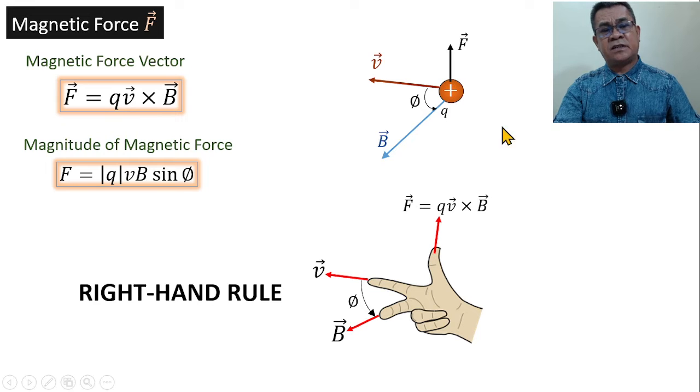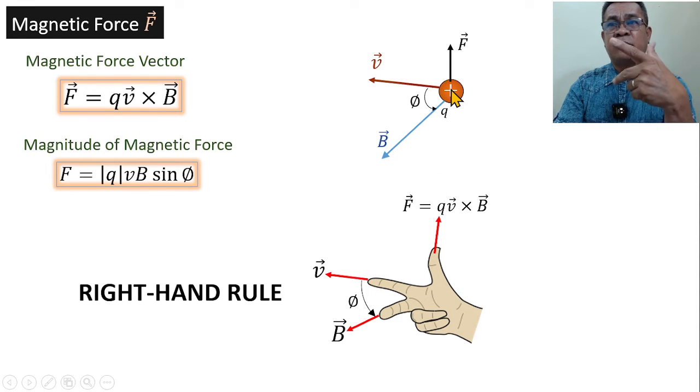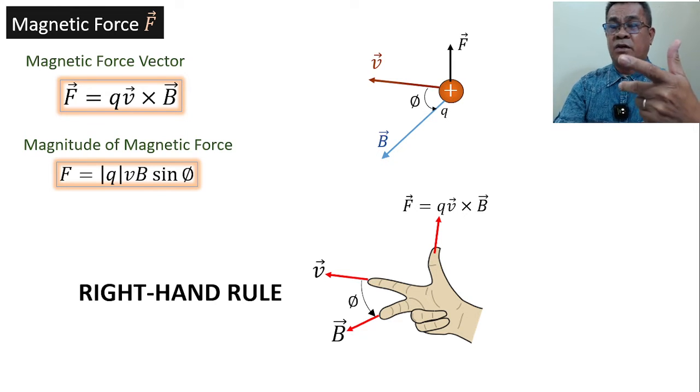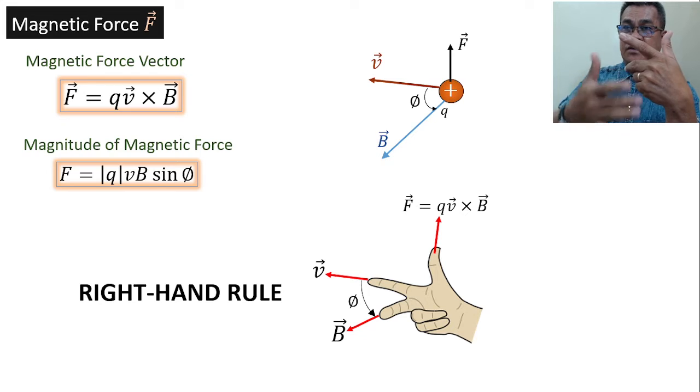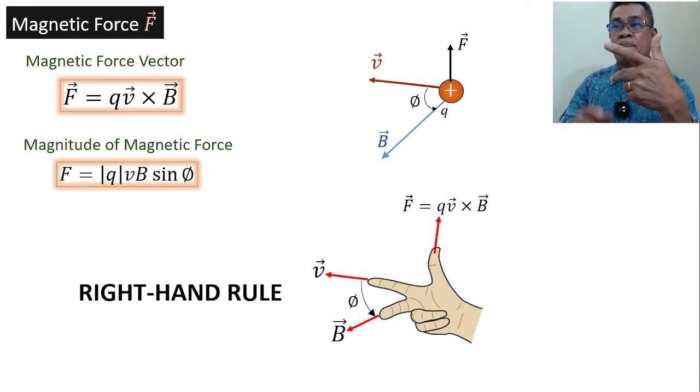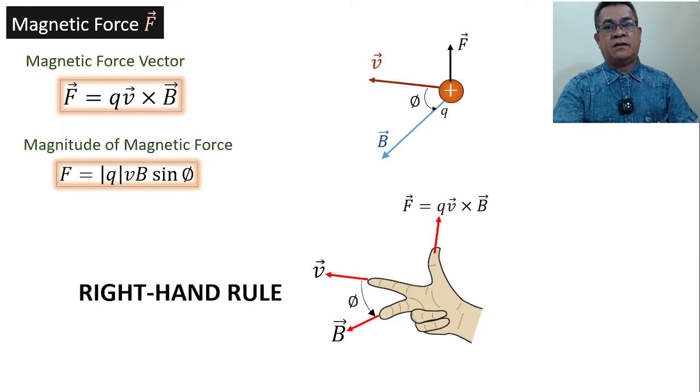Now, suppose it's negative, then whatever the result of the right hand rule, you have to reverse the sign, which means that if according to the right hand rule, the force is positive, then if it is a negative charge, the direction of force is in the opposite direction.